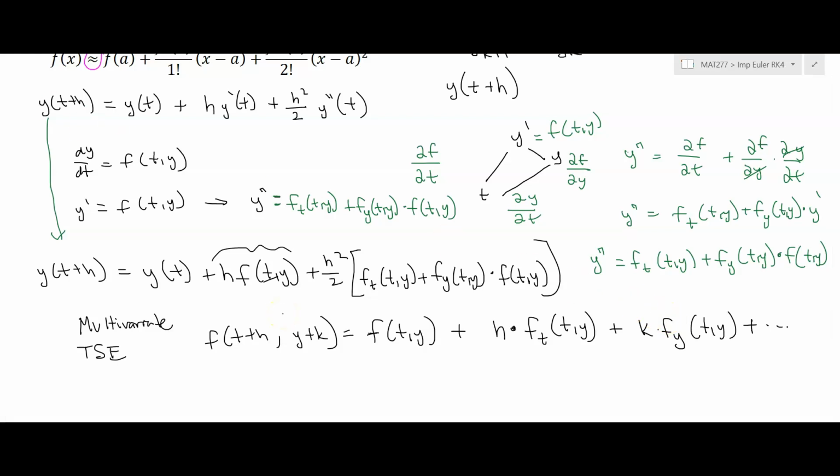And I'm going to do one little trick here. For the f of t plus h, if instead of having y plus k, I had y plus h times f of t comma y, then all I would have to do is replace the k with this expression here, h f of t comma y.